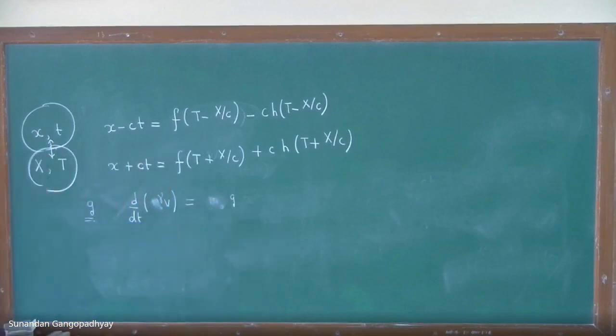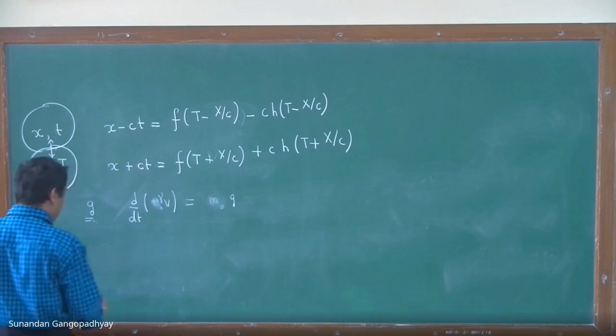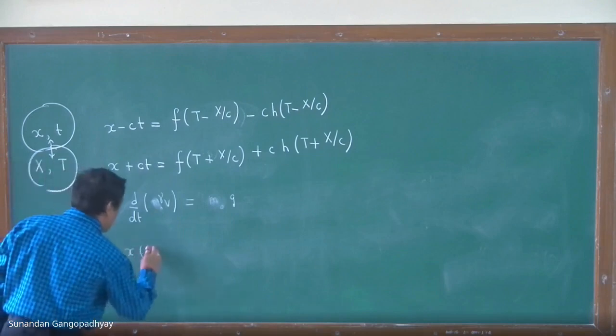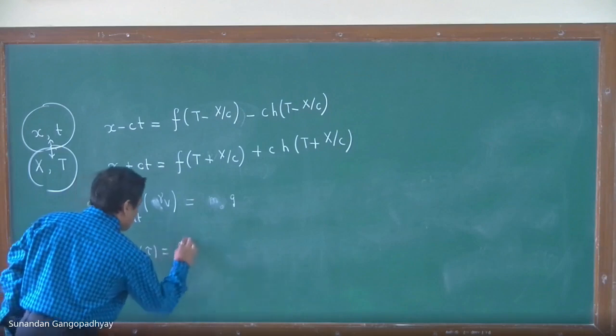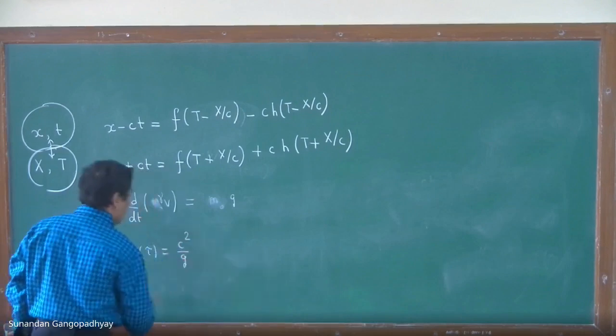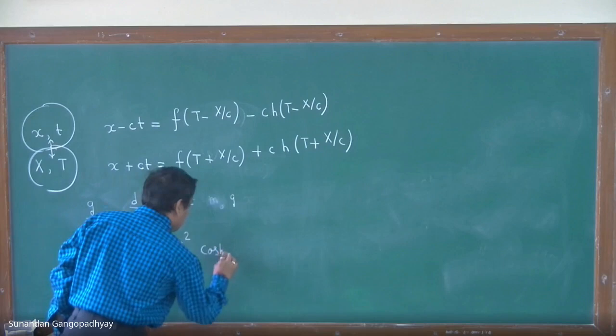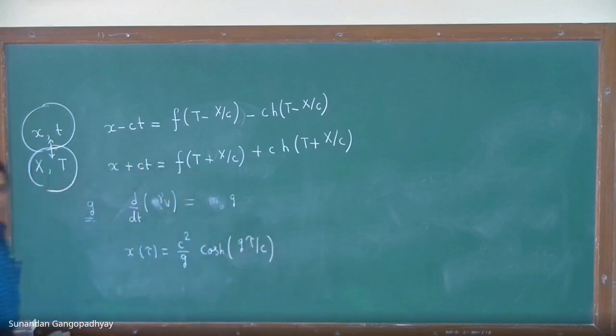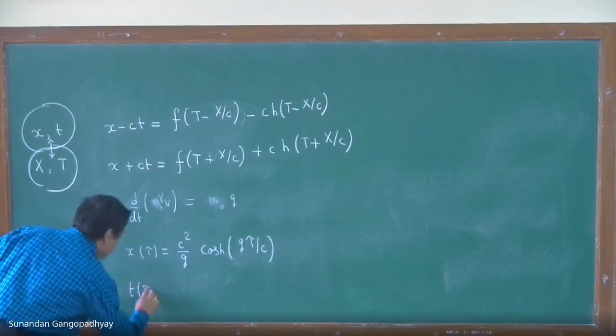and we solved this equation in the previous class, right? And if we solve this equation, the final relations that we had obtained were the following: c square by g cosh of g tau by c. Any problem? Let me just write down, then I take questions.